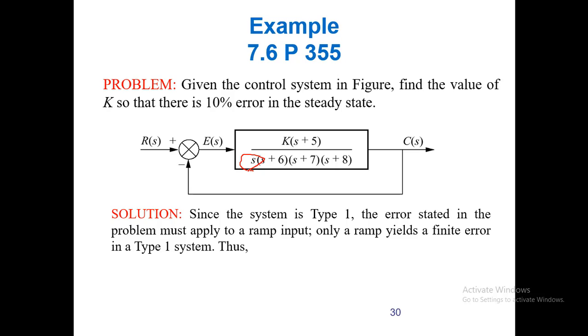So the first thing that we have to find is Kv. It was given that the steady state error was 10%. 10% means 0.1, so from here you can find the value of Kv. You can see that this Kv is equal to 10, and if you take the inverse, you get the value of Kv. You know that this Kv is equal to K multiplied by 5 divided by 678, and from here you can find the value of K. This K turns out to be 672.